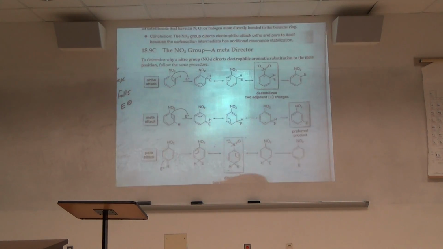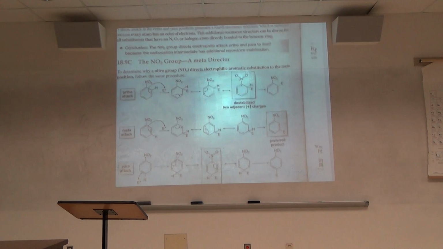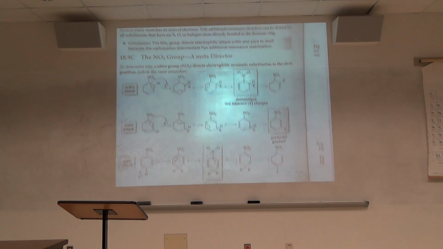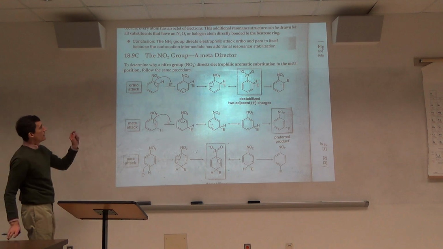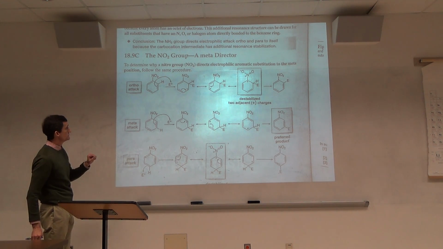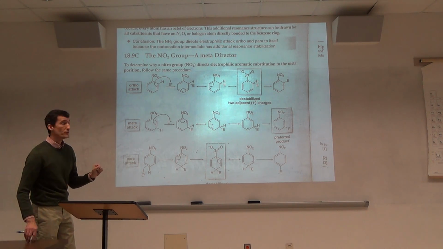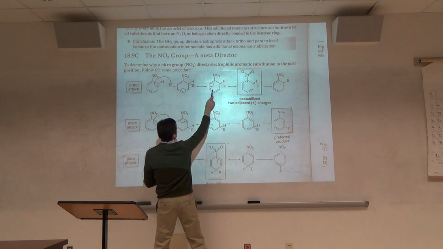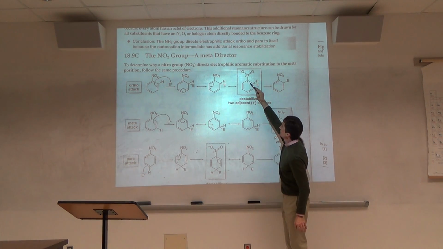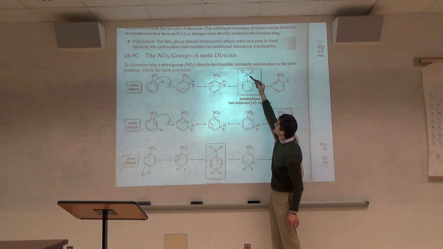Now if you have a nitro group or any other meta director, here we actually get something bad if we do ortho or para. If you do an ortho attack, you get plus, plus, plus. The plus will fall where the group is. But is this a good effect? You've got a plus right next to a plus.